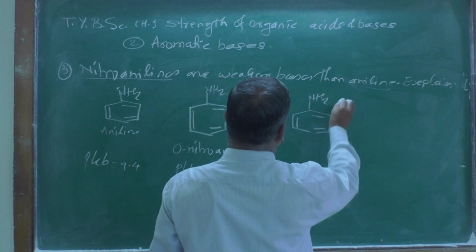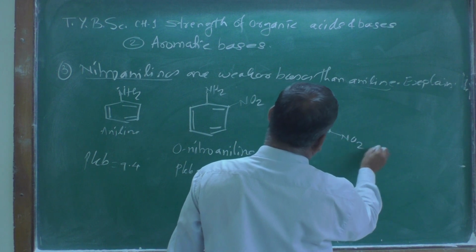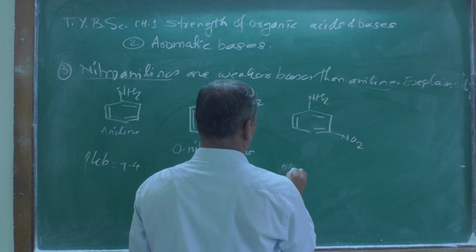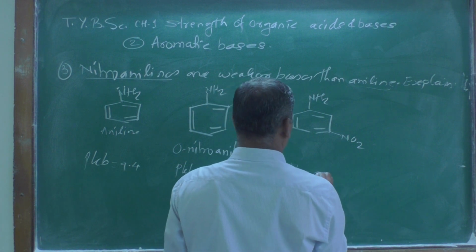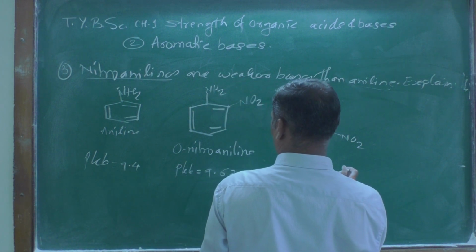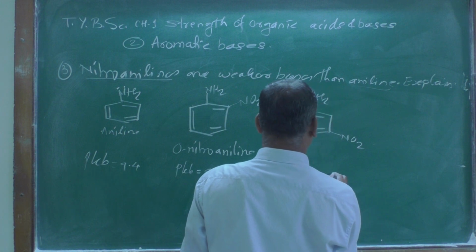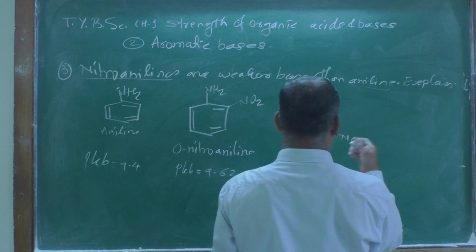This is an NH2, one group is attached here. This one has a pKb value of near about 9 point, I think 8 or something.